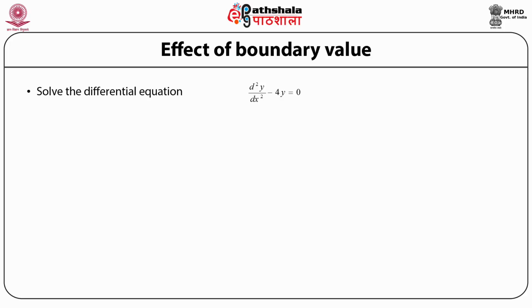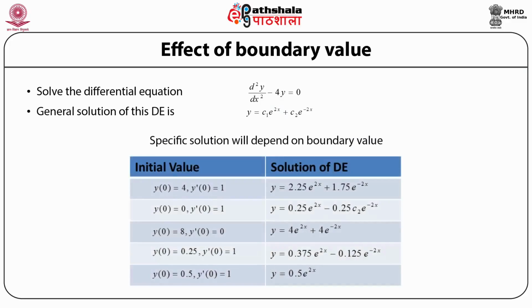Now, let us assume that the solution of the equation is y is equal to c1 times e to the power 2x plus c2 times e to the power minus 2x. How is this going to help you capture different systems?